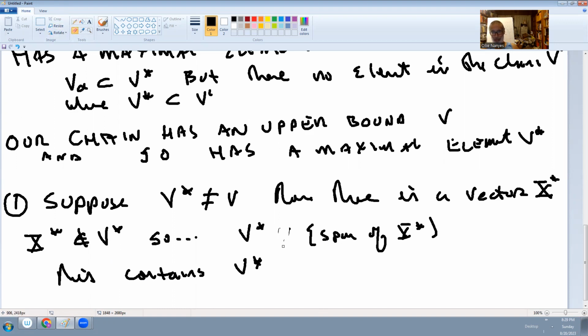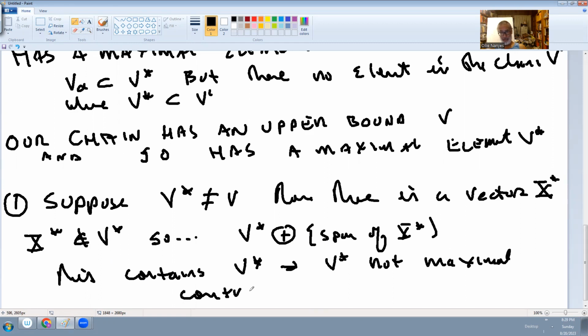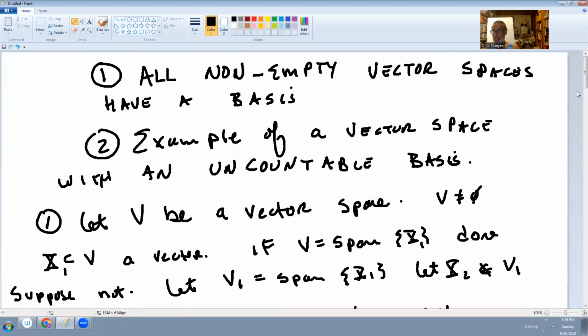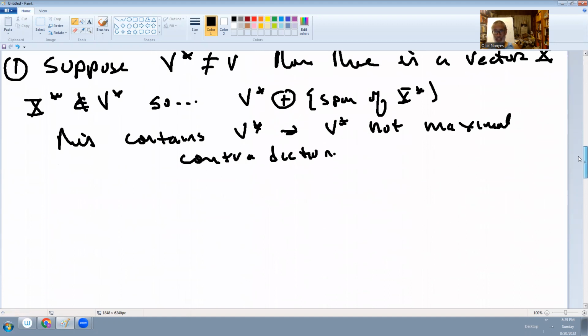I want to be a little bit better than this, so I'll just write it as a direct sum. And this contains V star, so V star is not maximal. That's a contradiction. So that's the first thing. So we've arrived at a contradiction here. Okay. So our V star has to be all of V.